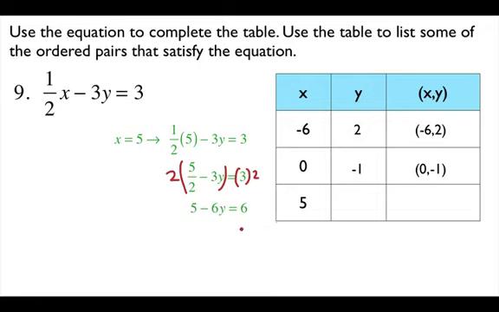Take away 5 from both sides, and I end up with -6y equals 1. Divide both sides by -6. Once I do that, I get y is equal to -1/6. So the y value is -1/6. The ordered pair is 5, -1/6.